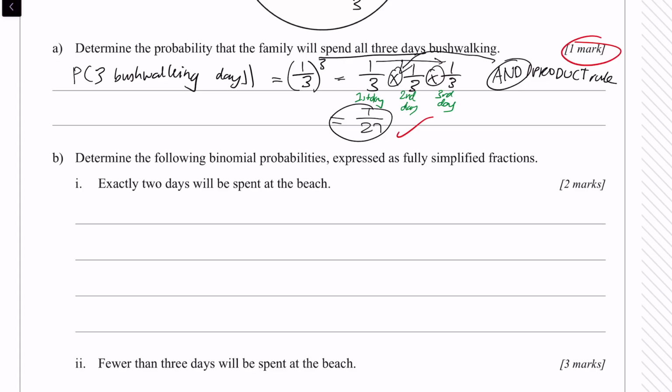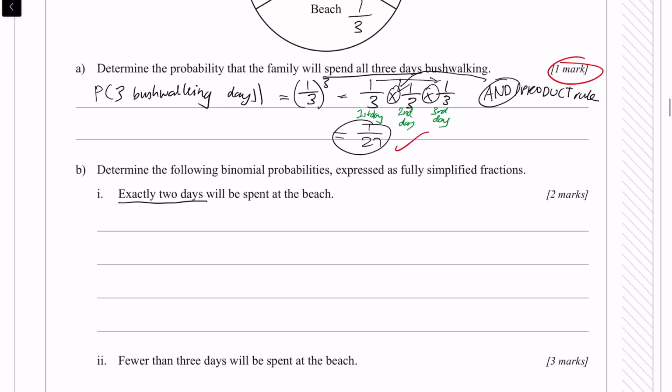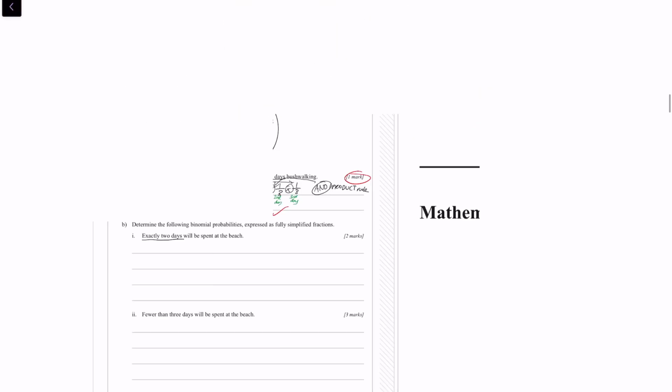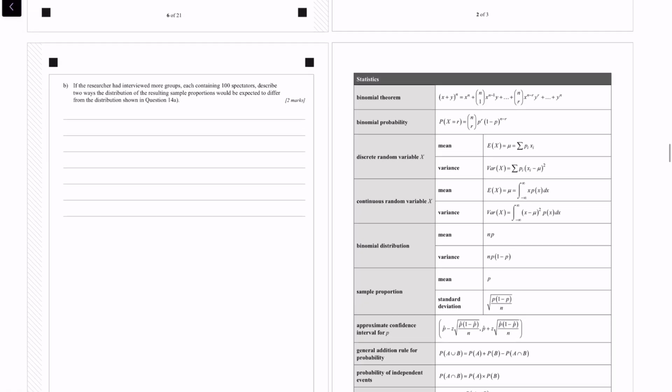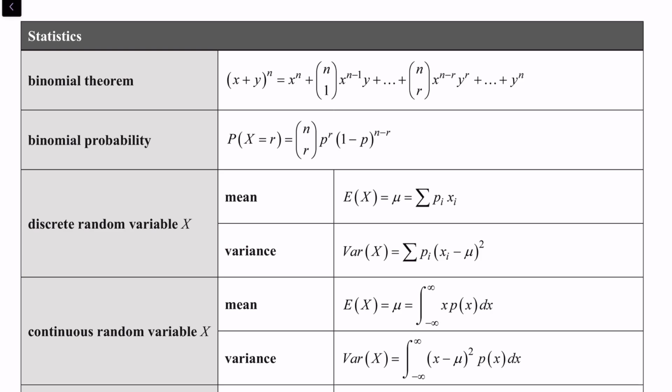Okay, and then moving on to part B. Determine the following binomial probabilities expressed as fully simplified fractions. Exactly 2 days will be spent at the beach. So we know that with exactly 2 days, if we are using our formula sheet, we go to statistics, go to binomial probability, because that's what we're being asked of.